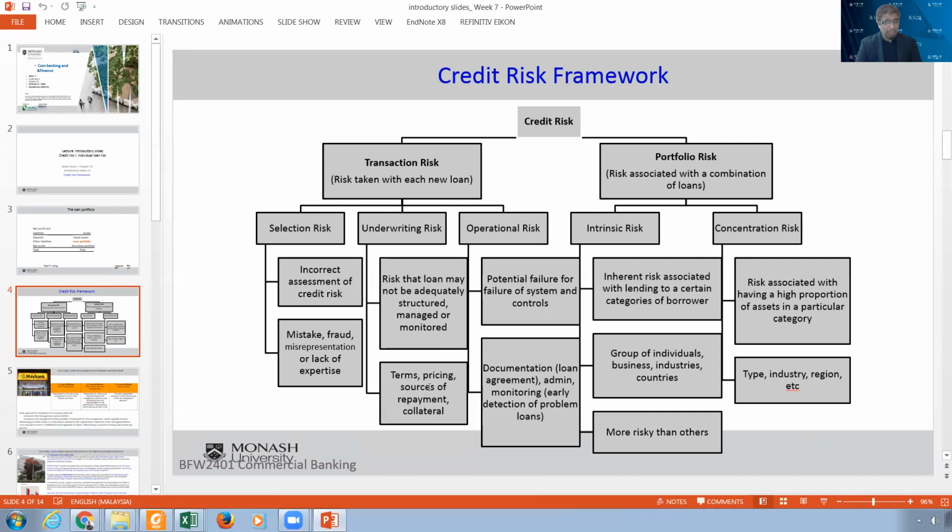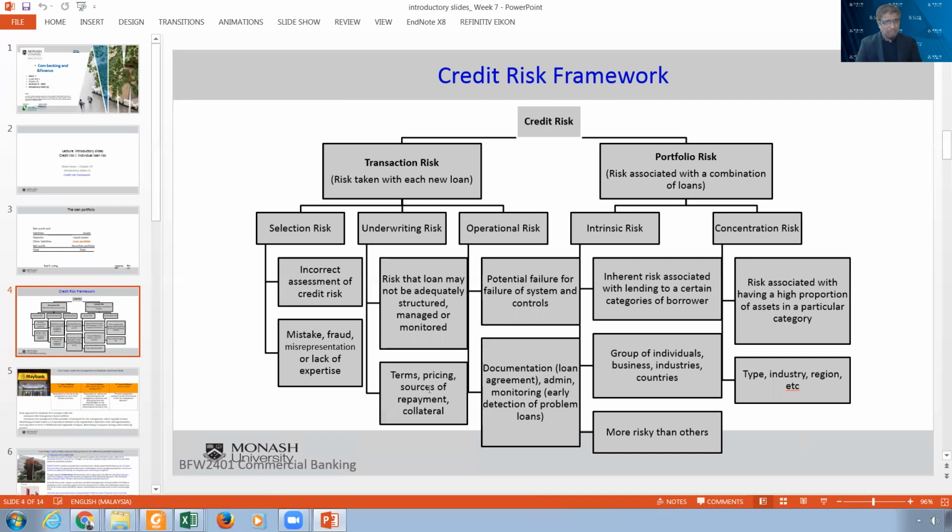lead the customer to default. The pricing, maybe instead of a normal pricing, which means the interest rate you are charging, you go and charge 20-25% for a business firm whose rate of return is 15%. So you already know that you are charging 25% and this customer cannot pay.